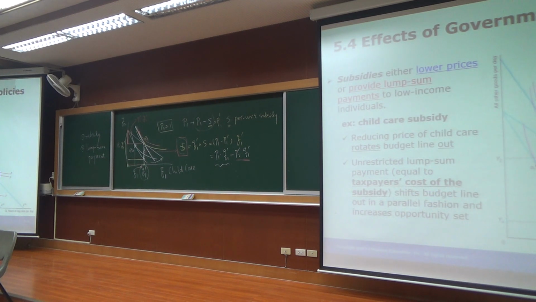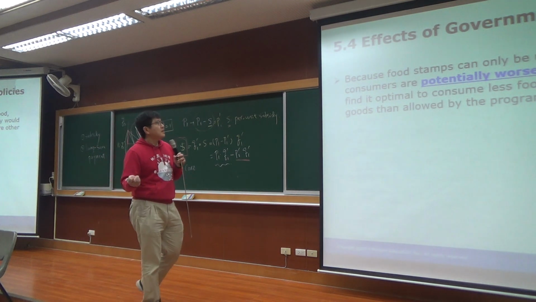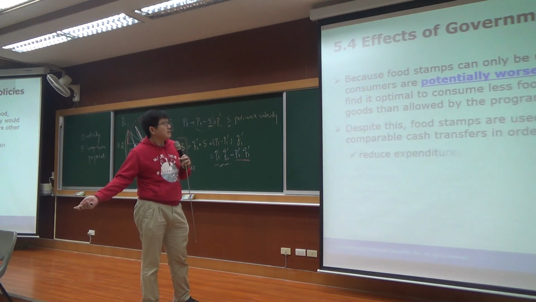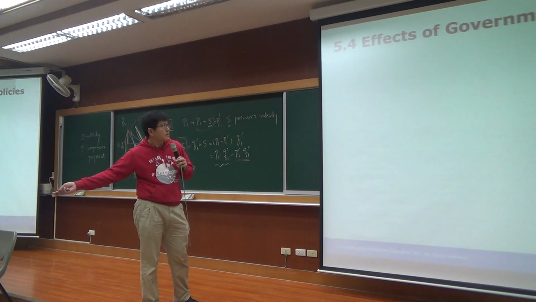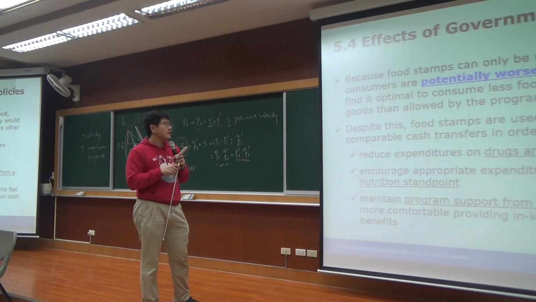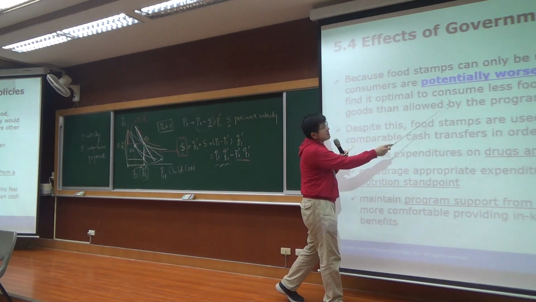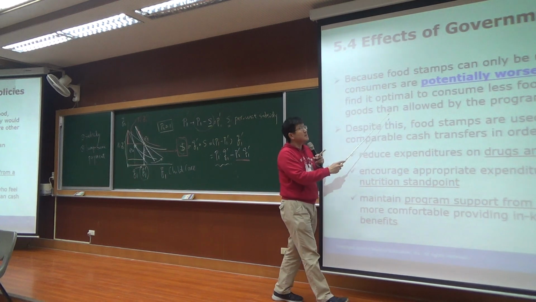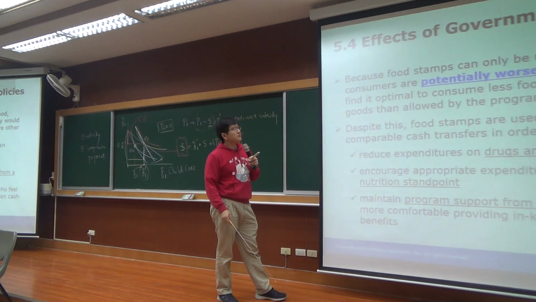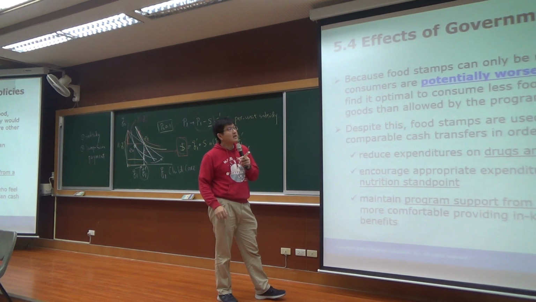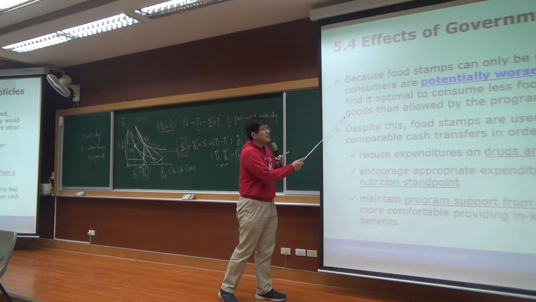So do you remember? Let's have a look at this. Alright. So actually food stamps can be used on food only. So consumers are potentially worse off if they would find it optimal to consume less food and more other goods than allowed by the program.